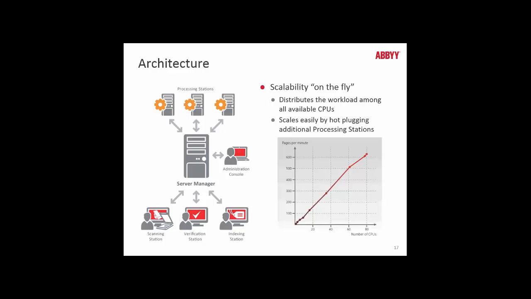You can add more CPUs with processing stations, and in this way increase the speed of processing. And in the right corner you can see a small graphic that demonstrates the ratio of the number of CPUs and the number of pages per minute.